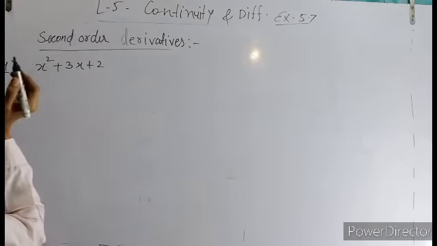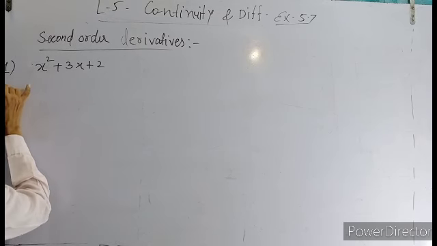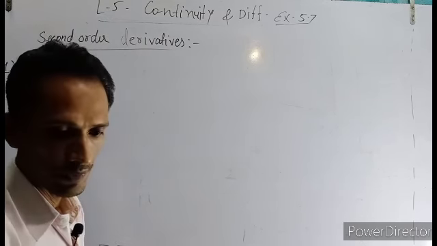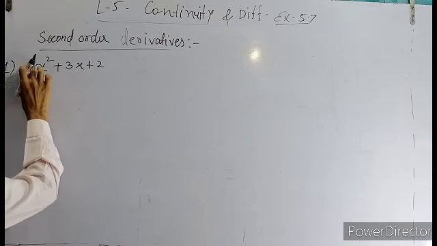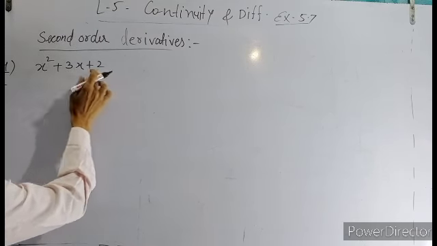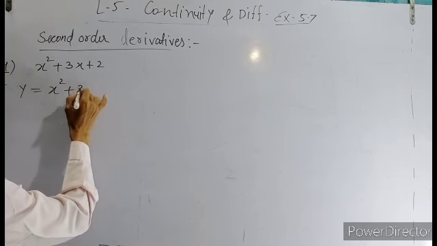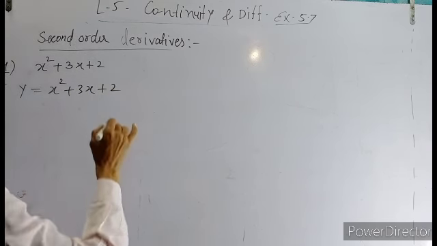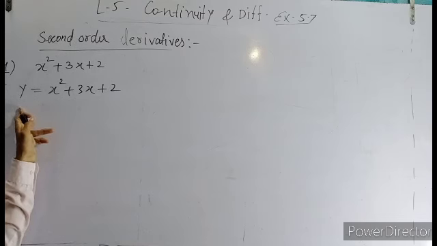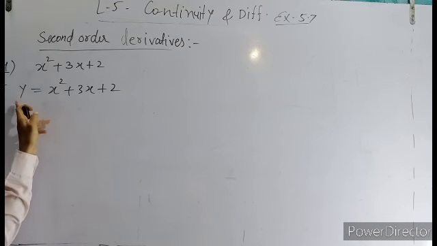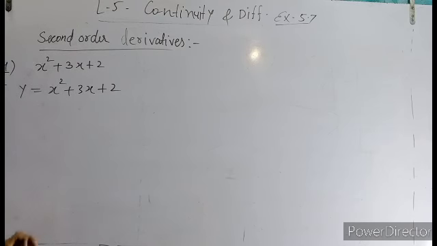Suppose that y equals x square plus 3x plus 2. Either you can choose f(x) or use y, or any other symbol you like.